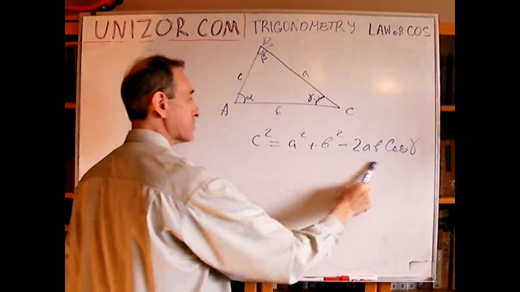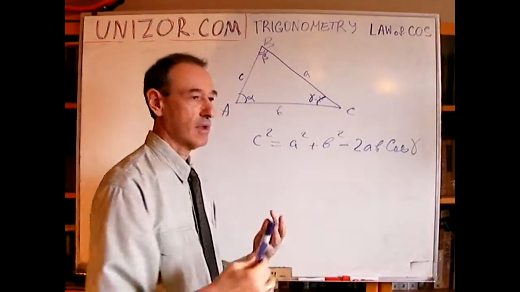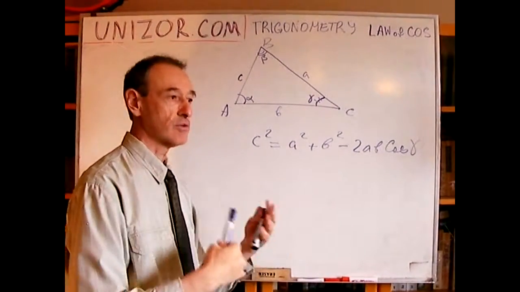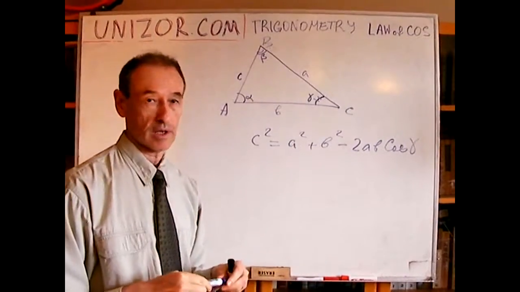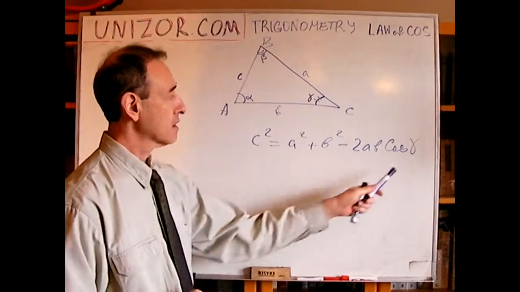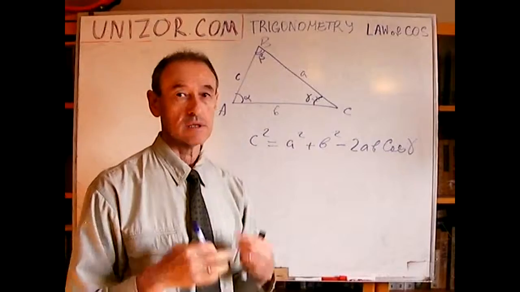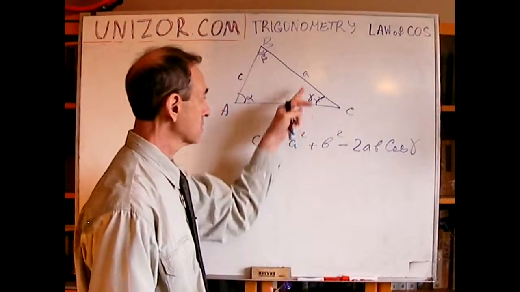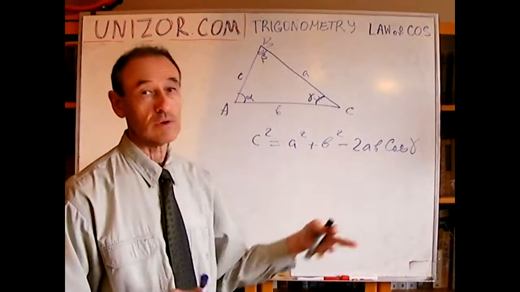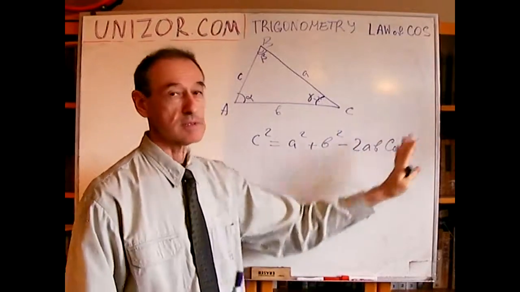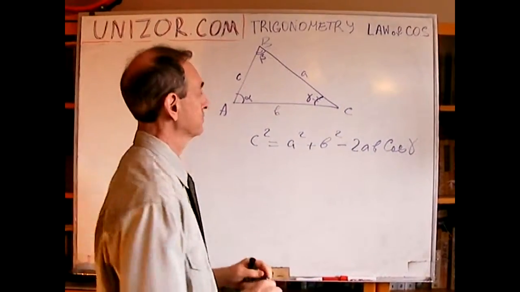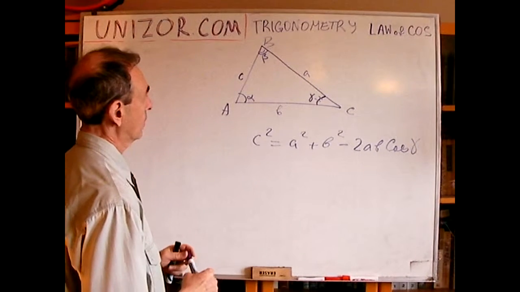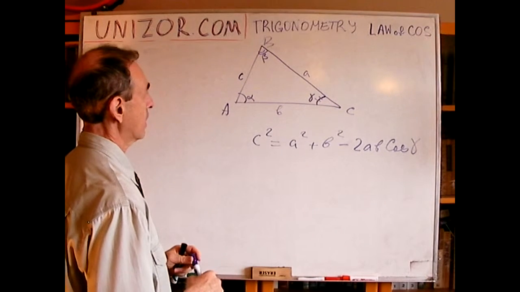So this particular member is the generalization from a right triangle to any triangle. Because if gamma is 90 degrees, so if this is a right triangle, then cosine is equal to 0, and this member disappears completely, and we will have just the Pythagorean theorem. All right? Seems to be easy, right?